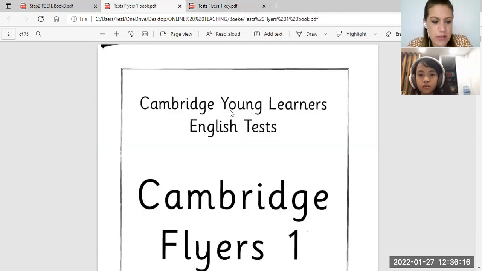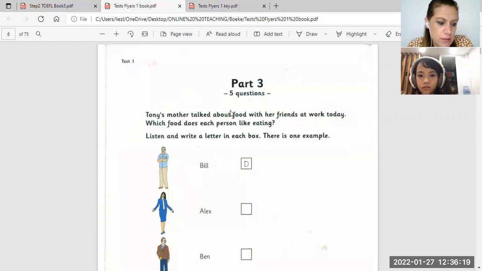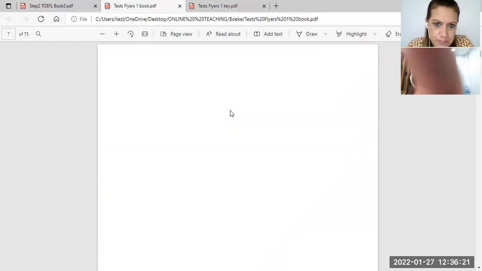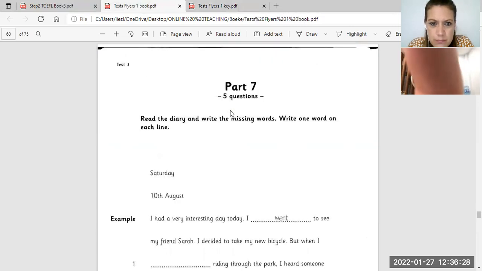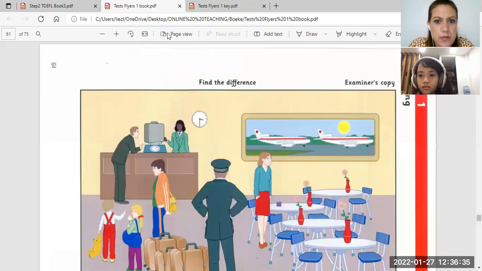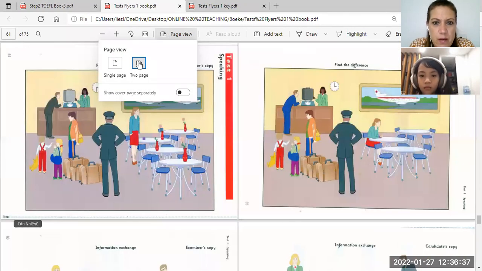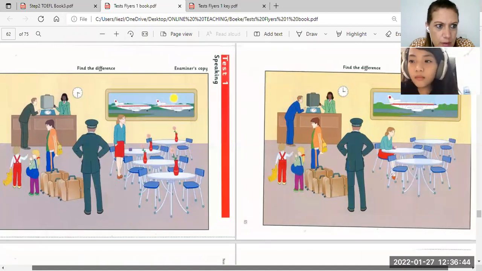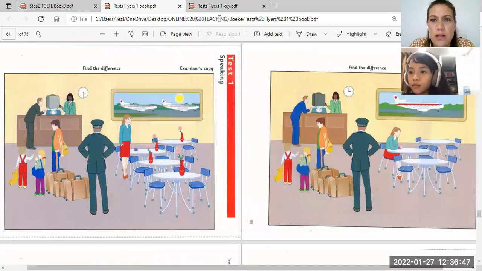Okay, let's do Flyers 1 speaking. Let's put the pages together. Okay, here you have to find the difference, okay? So we're going to use the words in picture 1 and in picture 2. Okay, you can start.